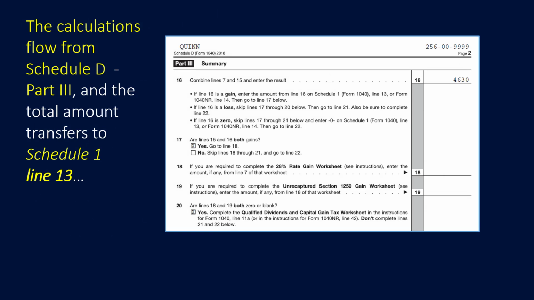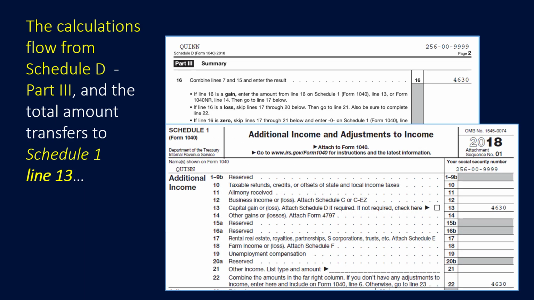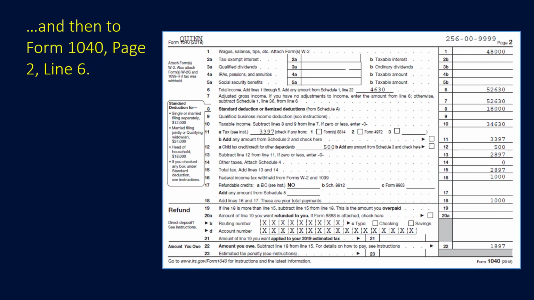The calculations flow from Schedule D, Part 3, and the total amount transfers to the new Schedule 1, line 13. Then to Form 1040, page 2, line 6.